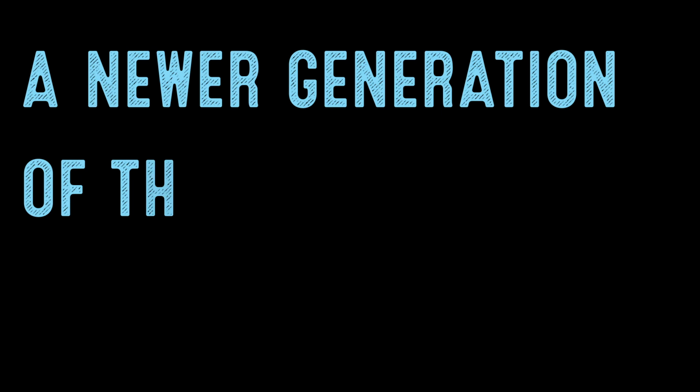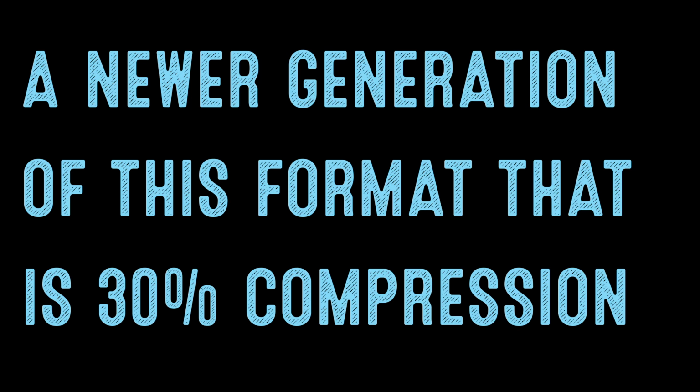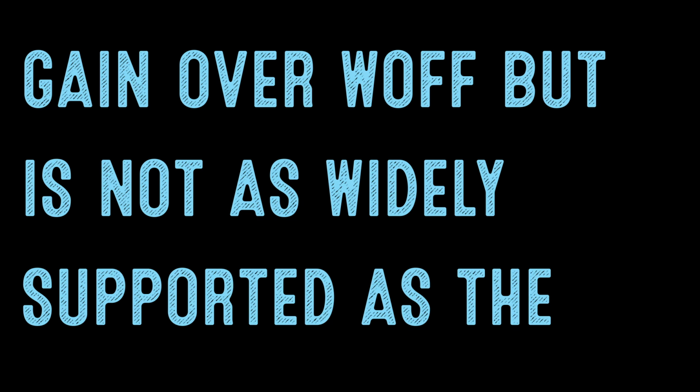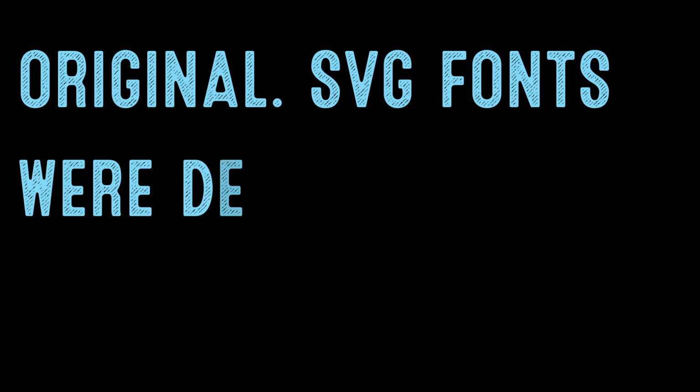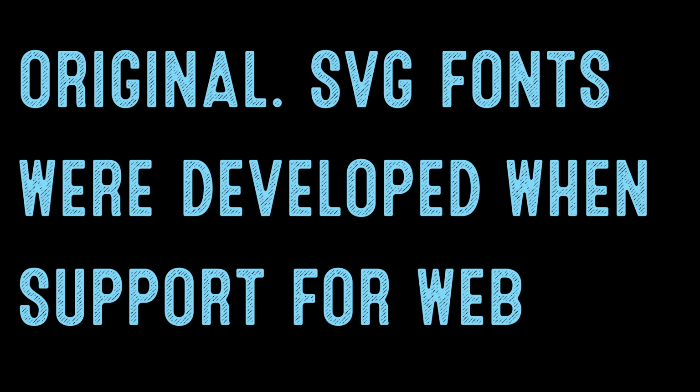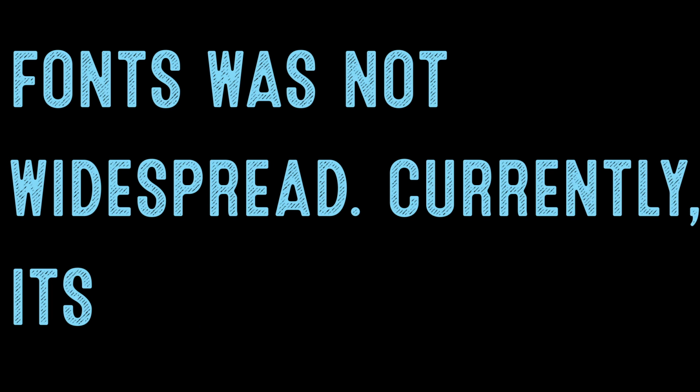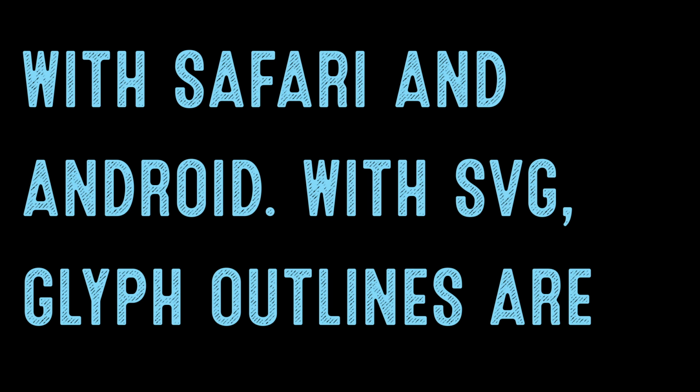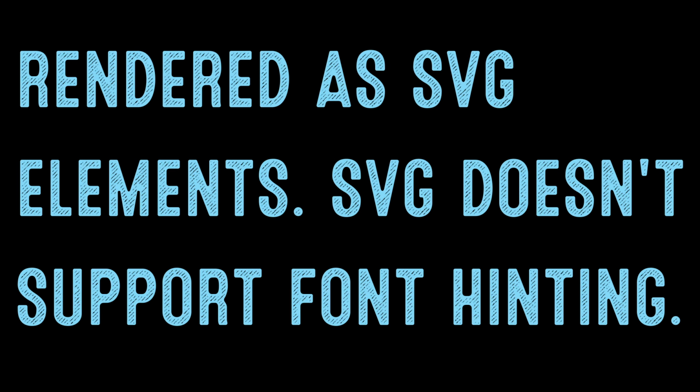WOFF2 is a newer generation of this format that has a 30% compression gain over WOFF, but is not as widely supported as the original. SVG fonts were developed when support for web fonts was not widespread. Currently, its support is only with Safari and Android. With SVG, glyph outlines are rendered as SVG, or scalable vector graphic elements. SVG doesn't support font hinting.